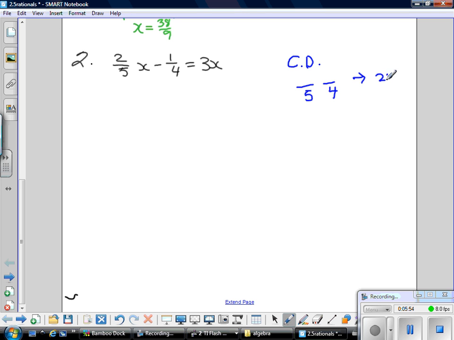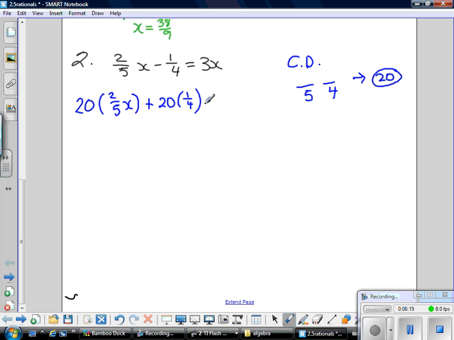That would be a 20. So I'm going to take my 20 and multiply every single term in that equation by it. I'm going to multiply it by the 2/5 x. And I'm going to multiply it by -1/4.